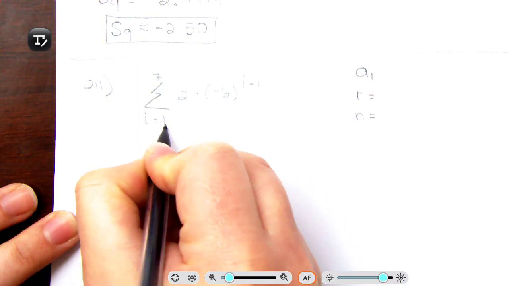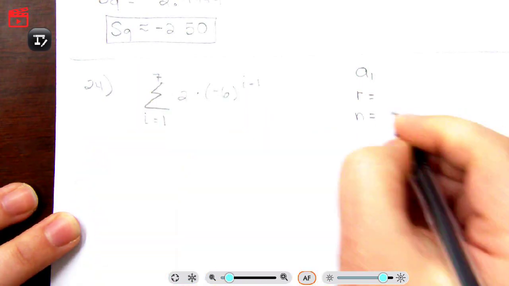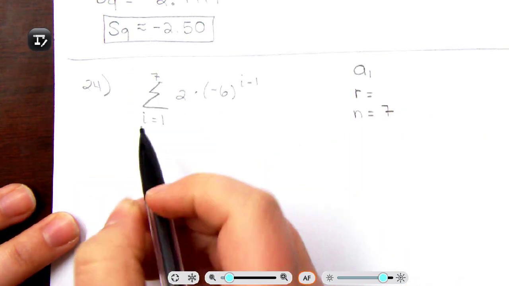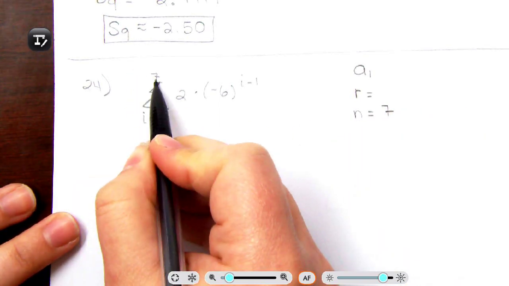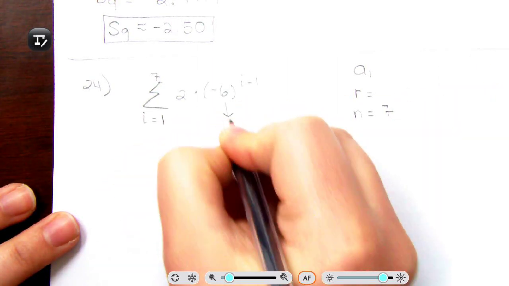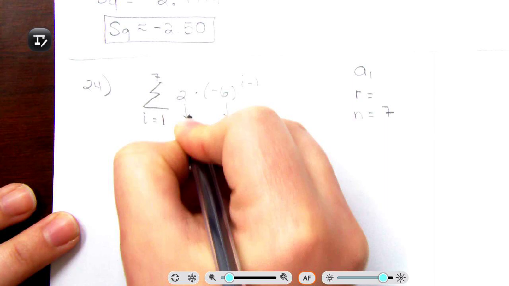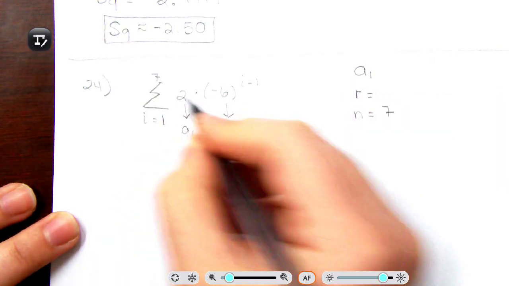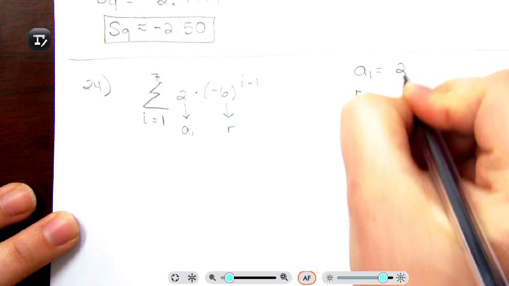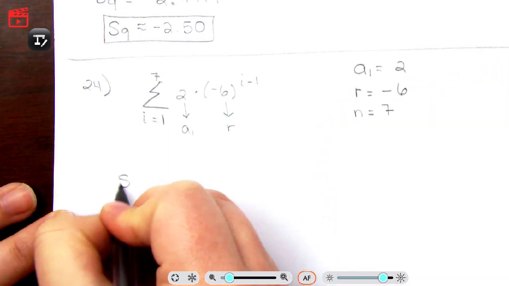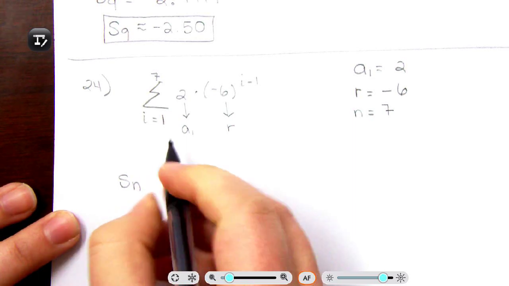If your lower limit is 1, n is going to be 7, your upper limit. r comes from your explicit, and a sub 1 comes from your explicit. So a sub 1 is 2, r is negative 6. Rewrite your formula for the finite geometric series.